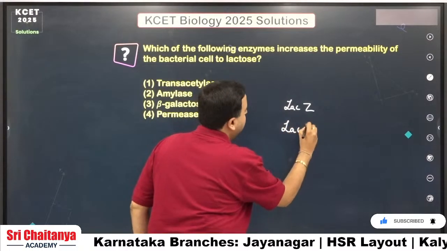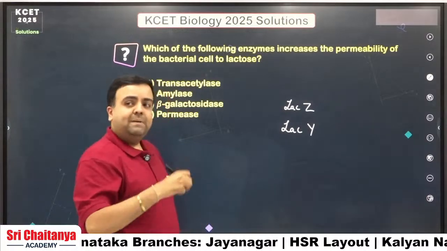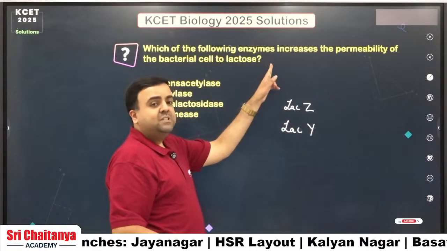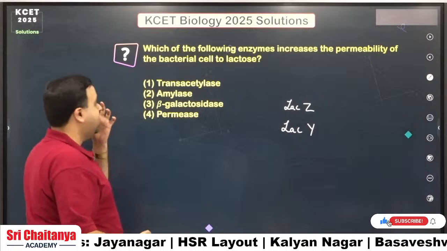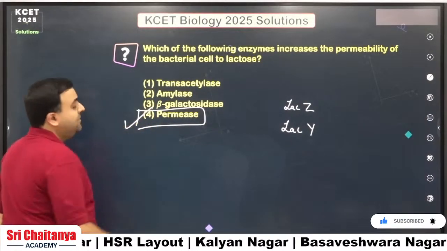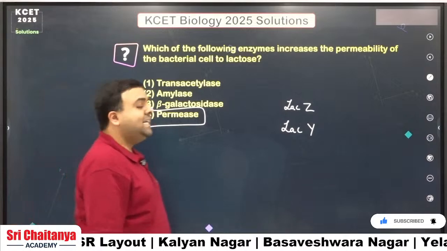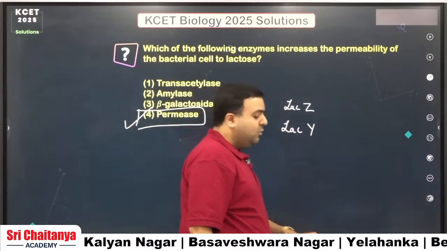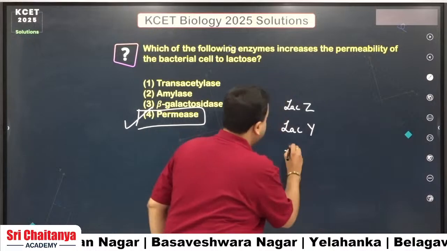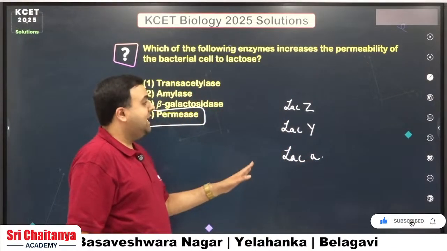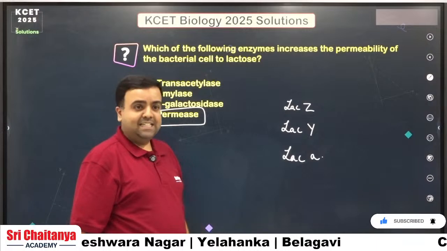Then we have the LAC-Y gene, that is called beta galactosidase permease, which is the actual enzyme which we are talking about for this question, that increases the permeability of the cell to lactose. So the answer is option number 4, beta galactosidase permease enzyme encoded by the LAC-Y gene. The third gene is the LAC-A gene, which is called beta galactosidase transacetylase gene.